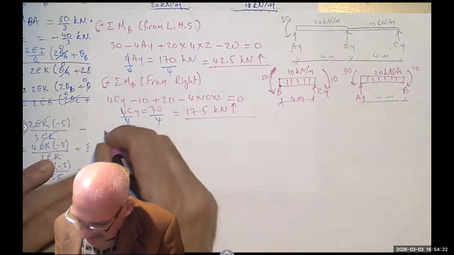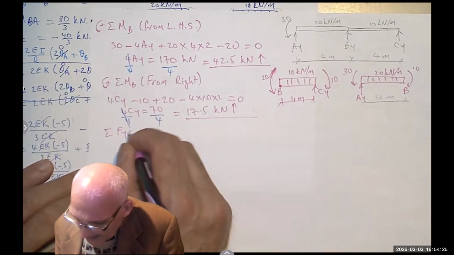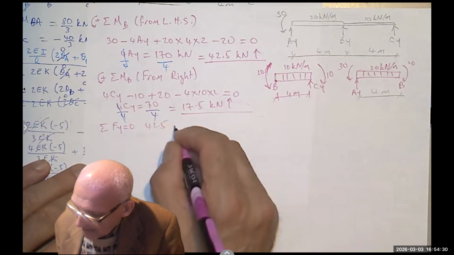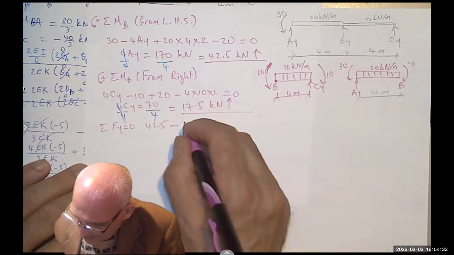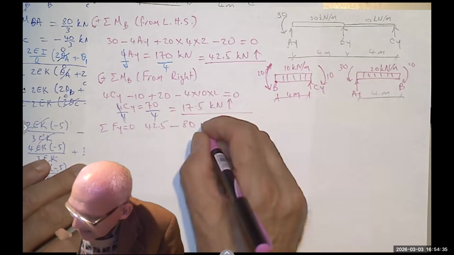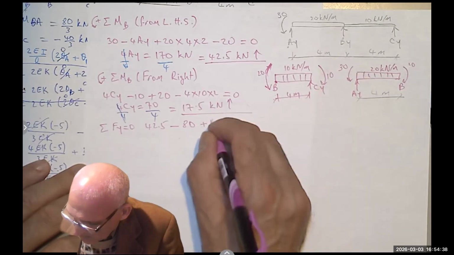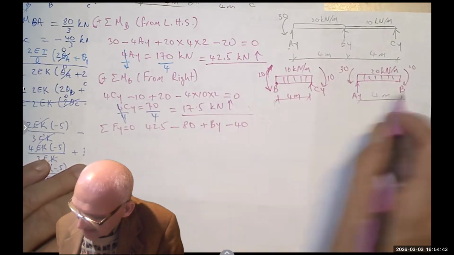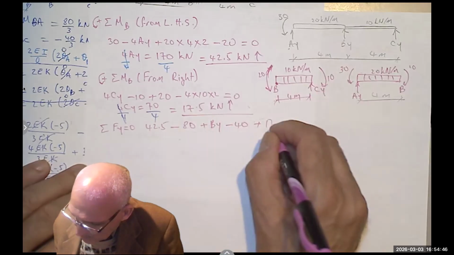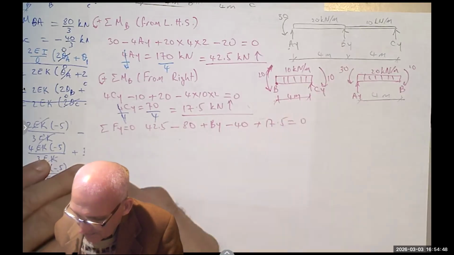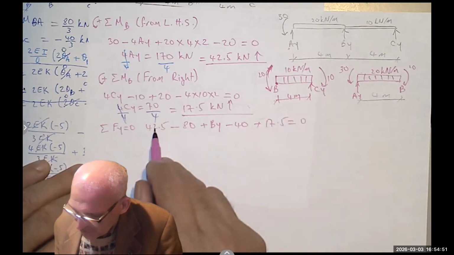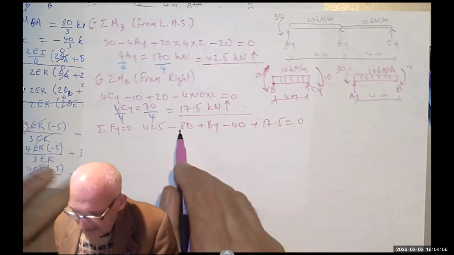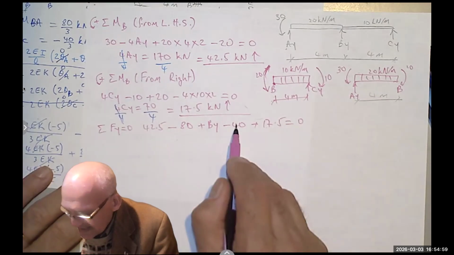And finally, I can say sum of the forces in the y equals 0. I have AY 42.5 minus 20 times 4, plus BY, minus 4 times 10, plus CY equals 0. 17.5 and 42.5 is 60. 60 minus 80 is negative 20, minus 40 is negative 60.